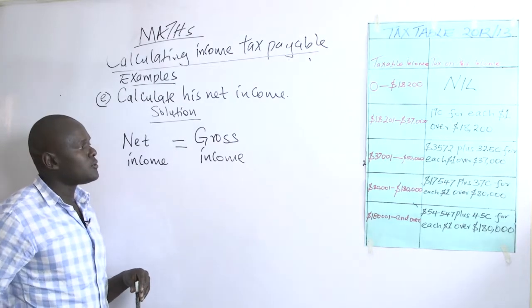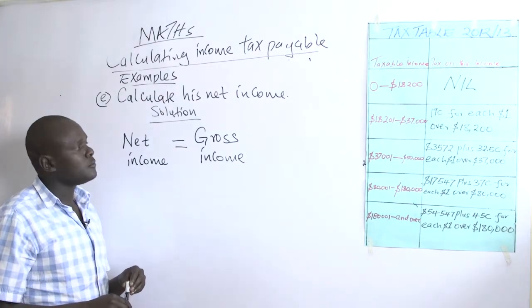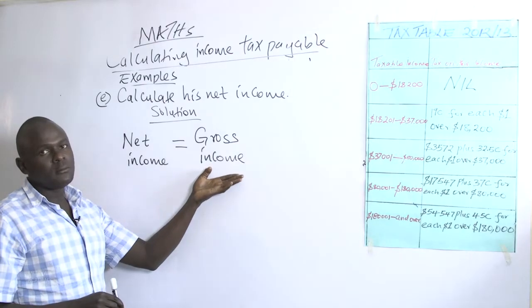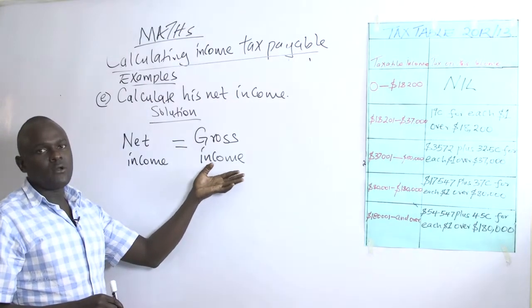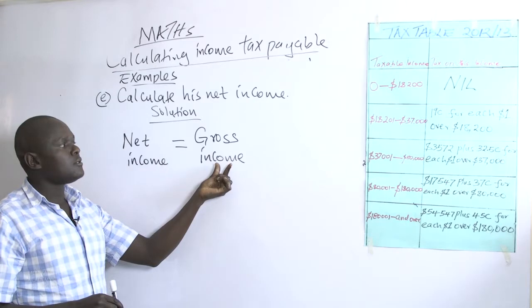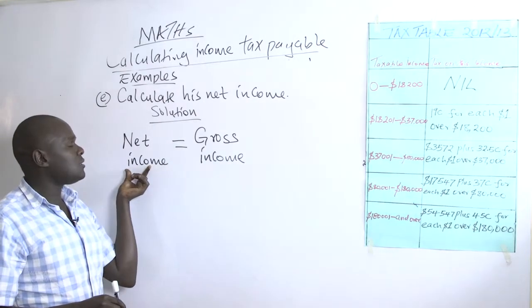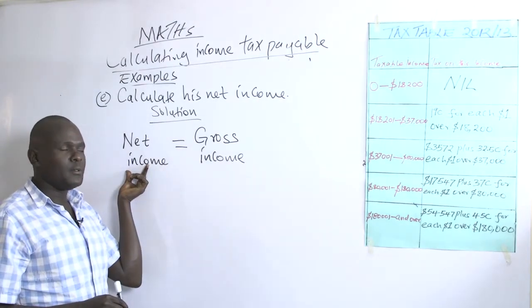And when we talk about gross income, this is the income before the deductions are effected. And this is the income after the deductions have been effected.